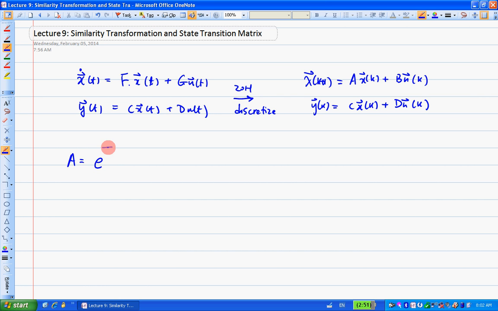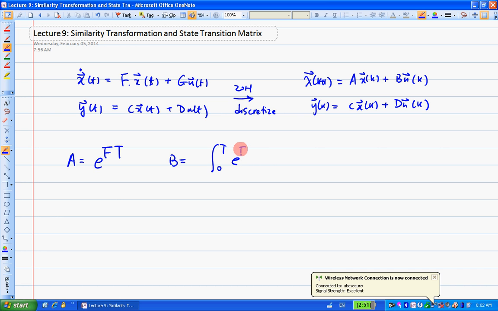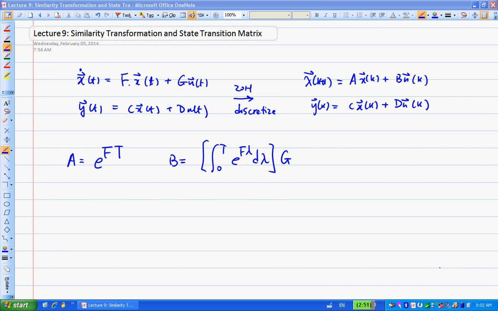A is equal to e to the power of F times T, where T is the sampling time, and B is equal to the integral from 0 to T of e to the power of F lambda d lambda, multiplied by G. So that's A and B here.